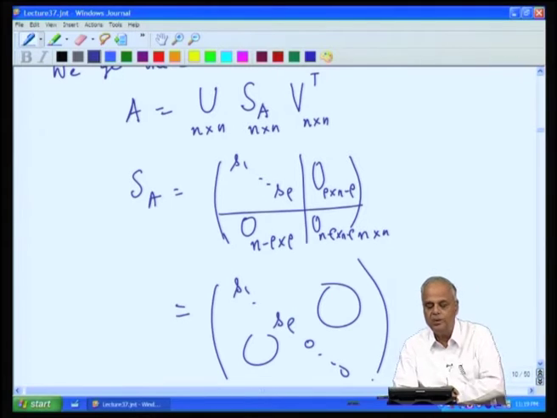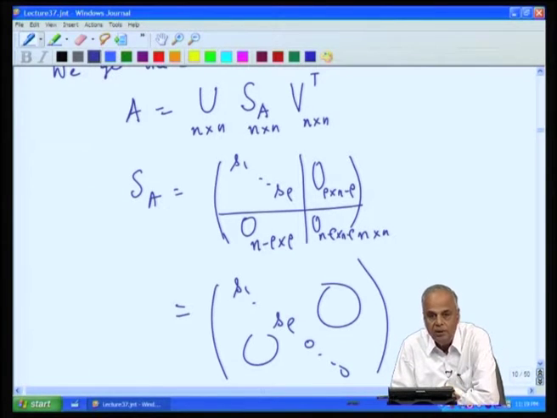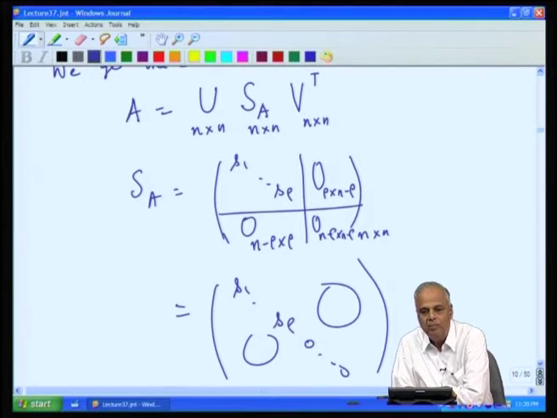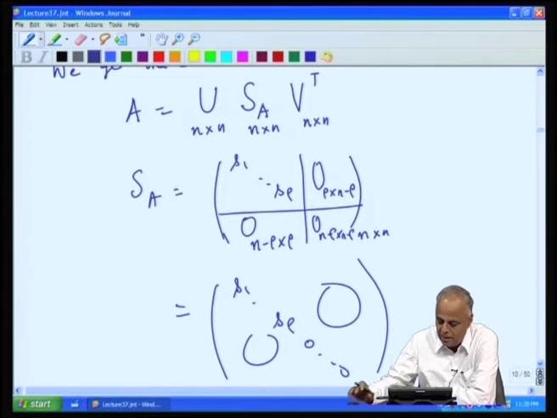So, therefore, we see a general version of the diagonalization theorem. If you have any real square matrix A, it can always be written as the product of 3 matrices, the extreme 2 being orthogonal n by n matrices and the middle one being a diagonal matrix.